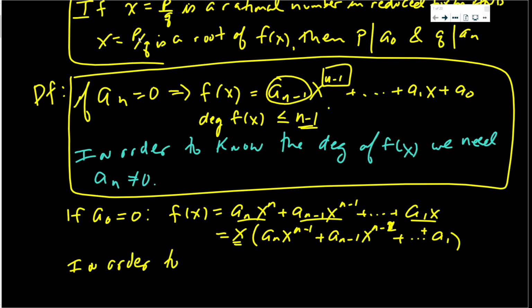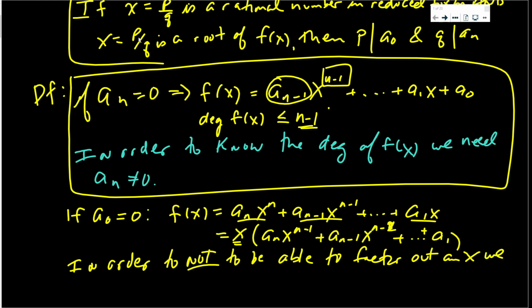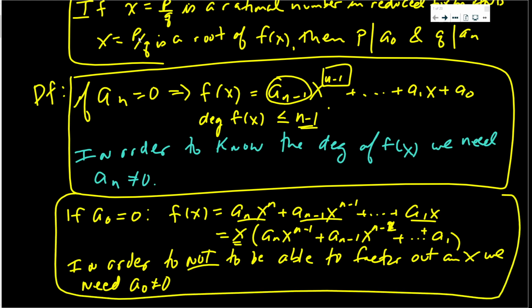In order to not be able to factor out an x or any power of x, we need one very simple thing. We need a0 to be non-zero. So once the proof started, these two boxed arguments are just bookkeeping.